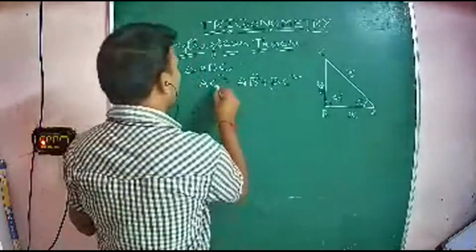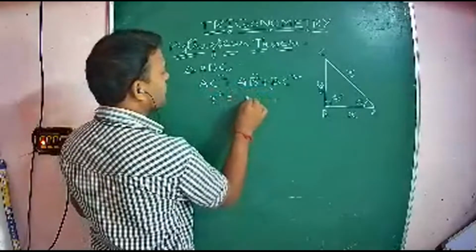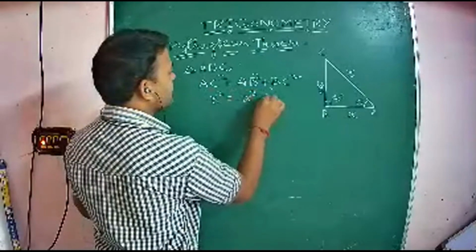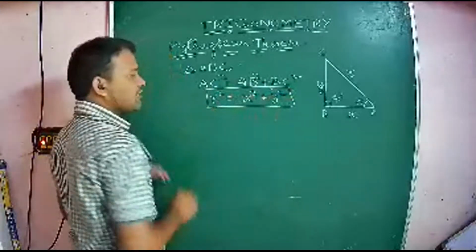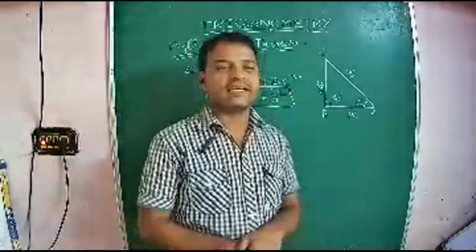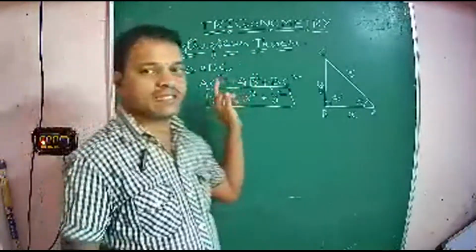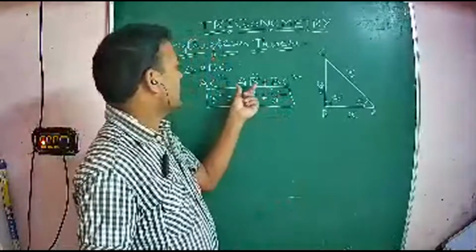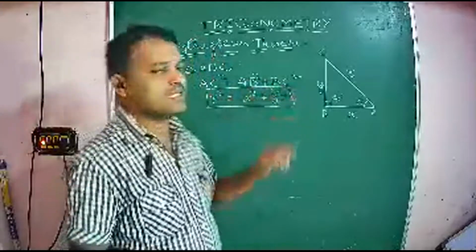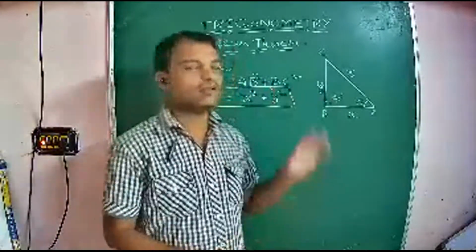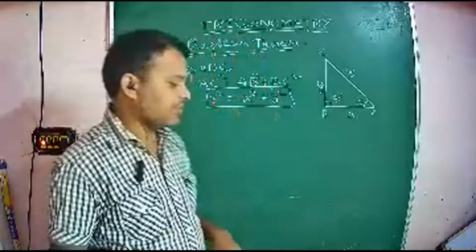So here AC square means r square is equal to, with AB equal to x and BC equal to y. This is the Pythagorean formula. In a right angle triangle, hypotenuse square is equal to adjacent side square plus opposite side square. So this is the Pythagorean theorem.